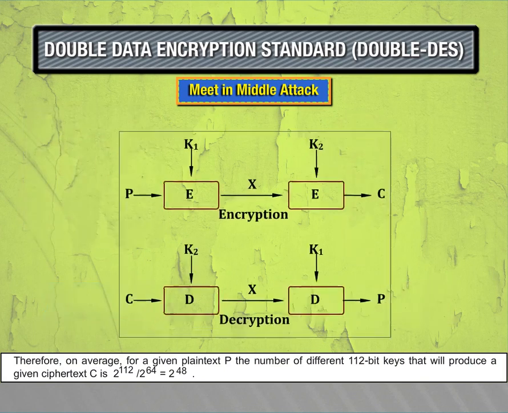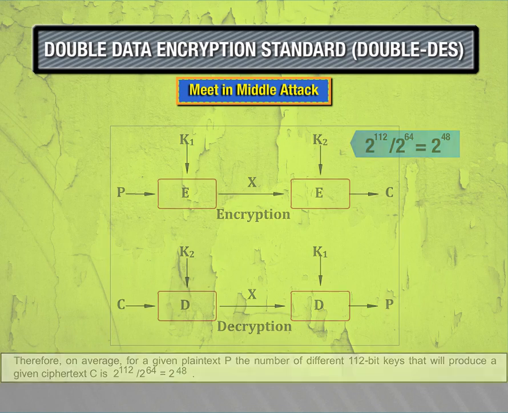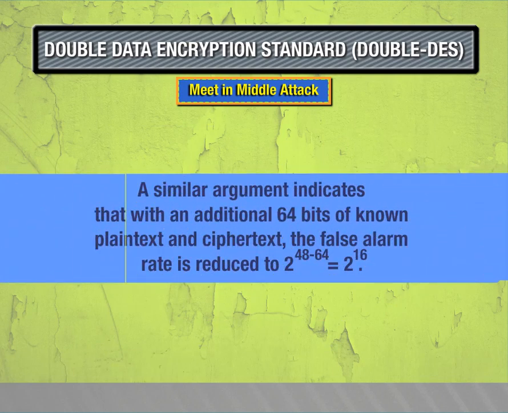Therefore, on average, for a given plaintext P, the number of different 112-bit keys that will produce a given ciphertext C is 2^112 divided by 2^64, which is equal to 2^48. A similar argument indicates that with an additional 64 bits of known plaintext and ciphertext, the false alarm rate is reduced to 2^(48-64), which is equal to 2^-16.